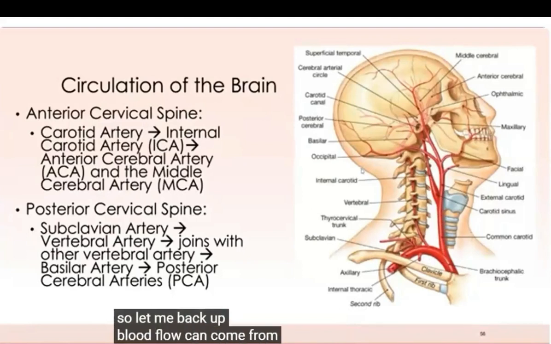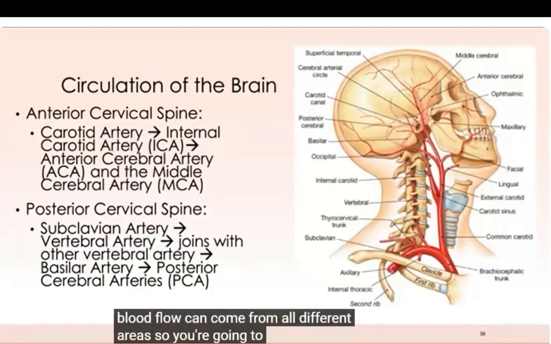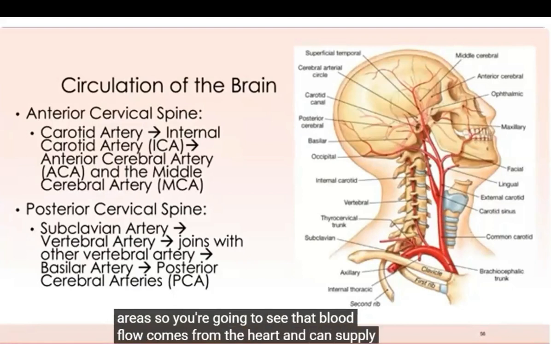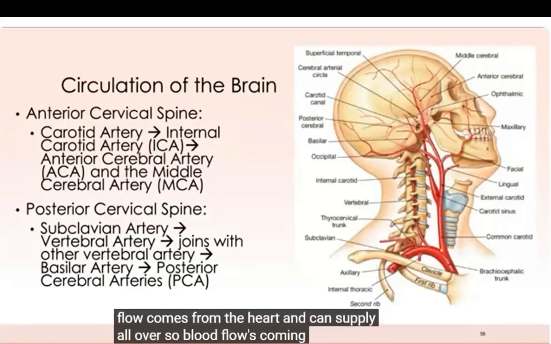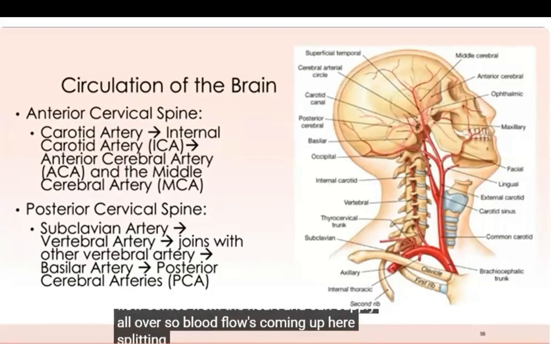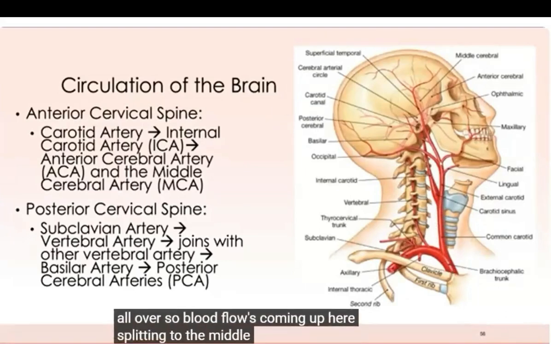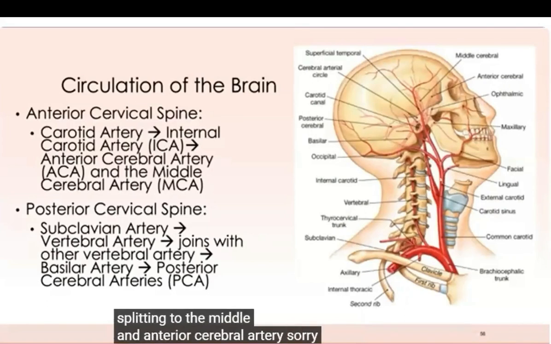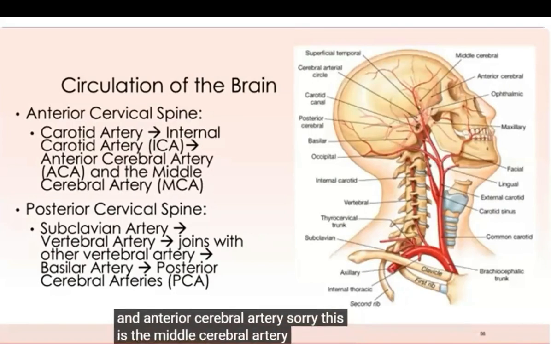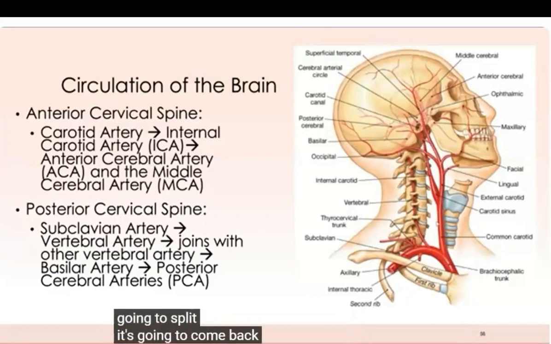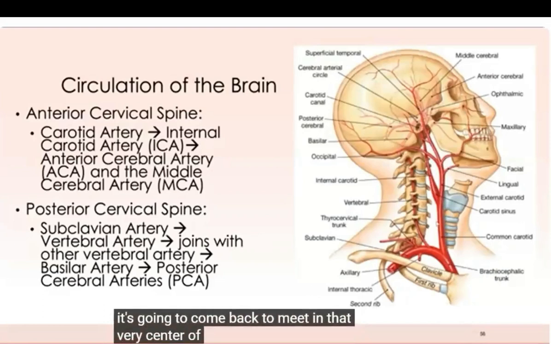Blood flow can come from all different areas, so you're going to see that blood flow comes from the heart and can supply all over. Blood flow is coming up here, splitting to the middle and anterior cerebral arteries. Sorry, this is the middle cerebral artery here. It's going to come up and split, and it's going to come back to meet in the very center of the circle of Willis.